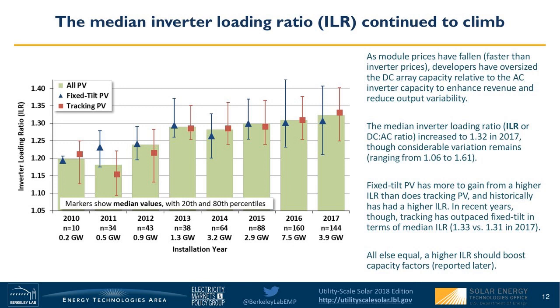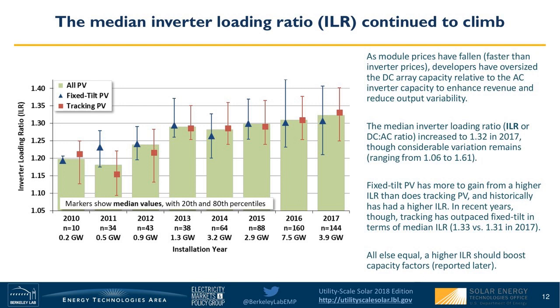So in the spring or in the fall or in the early morning hours or afternoon hours, if you overbuild your DC module capacity relative to the AC capacity of your inverter, you just have a less peaky generation profile and broader shoulders, and can overall maximize more generation. So that has been a trend that has been increasing year over year to now about 32% more modules relative to the AC capacity.